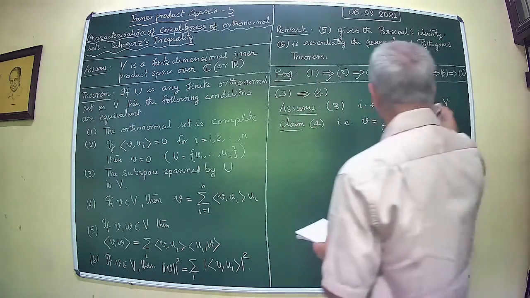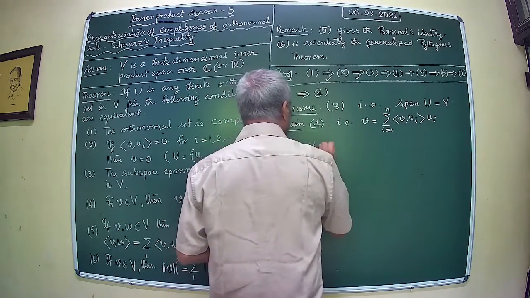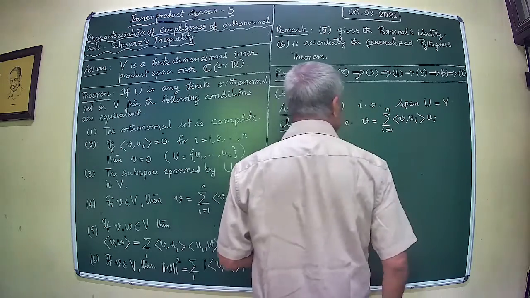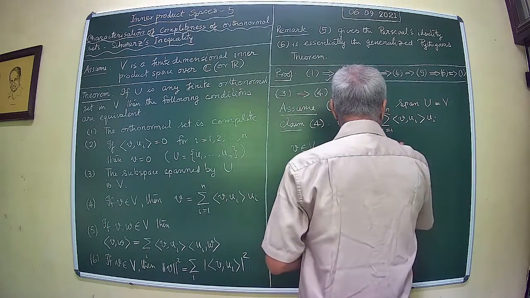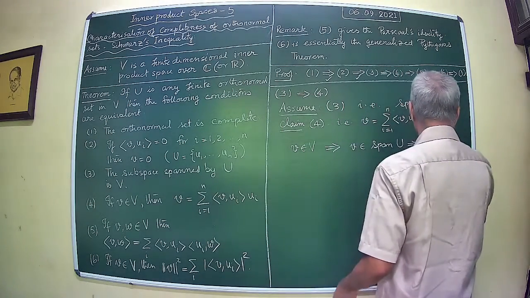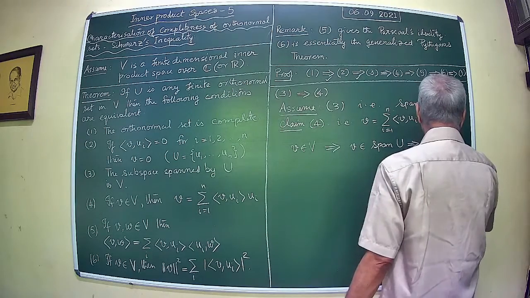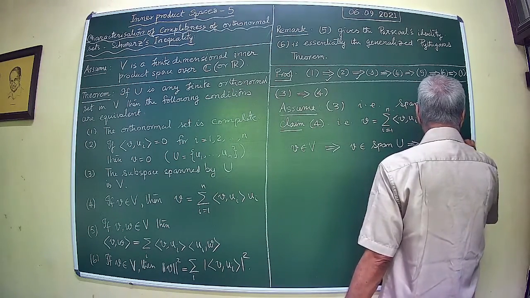Now span of U equal to V means V belongs to the span, which implies V is equal to a linear combination of the Ui.